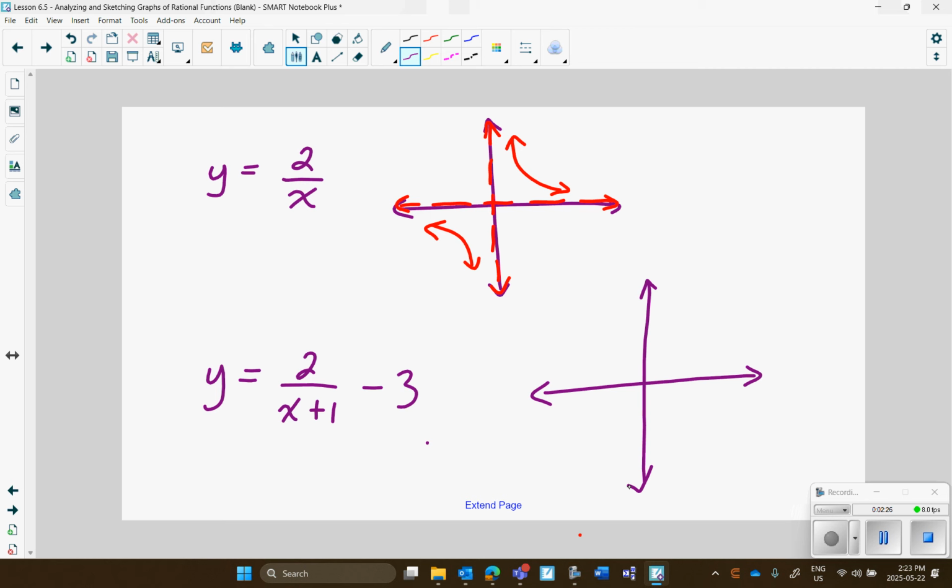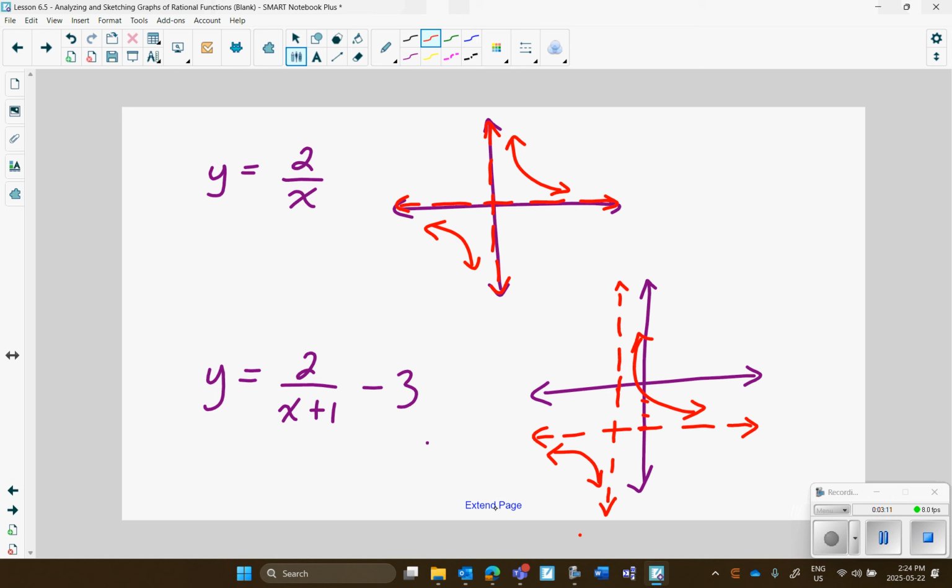Because remember, the horizontal asymptote is normally here. This means it goes 3 down, right? Because there's a number at the end, the graph's going up or down. Because it's -3, it's going down. So the horizontal asymptote is going to be down here. The vertical one is always the non-permissible value. What value of x would make this 0? -1. That's the vertical asymptote. And then it's going to look something like this.